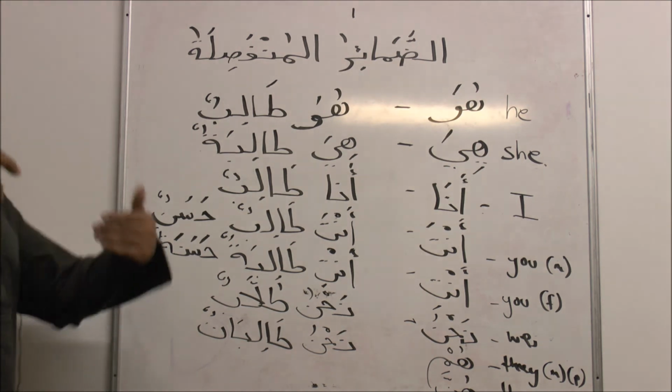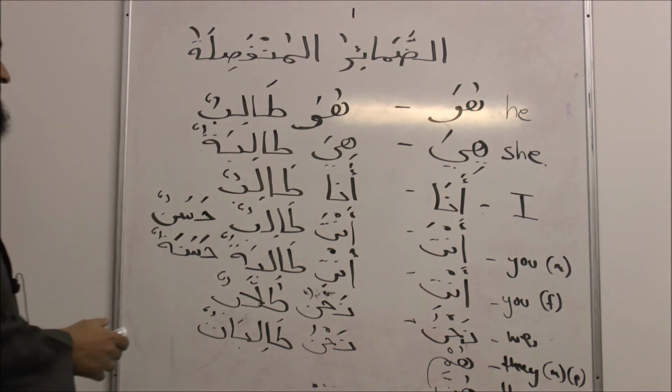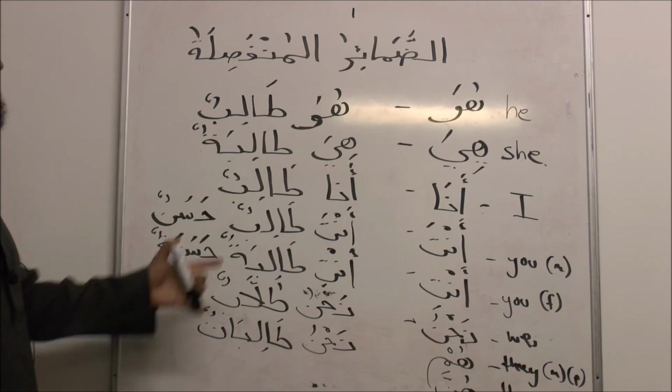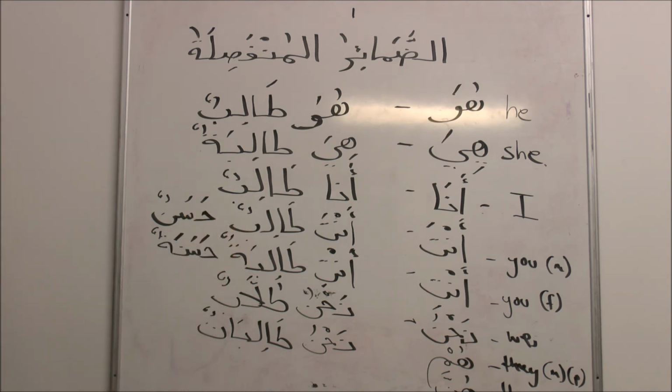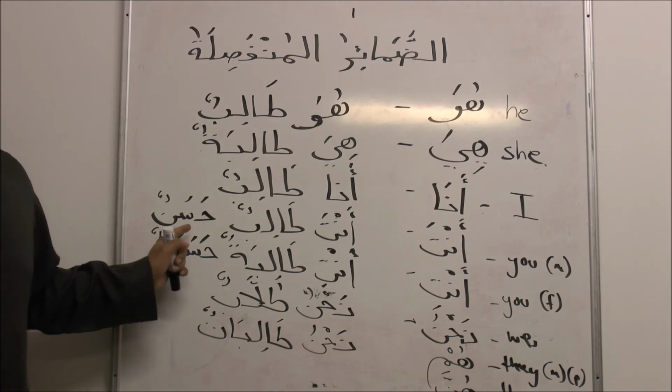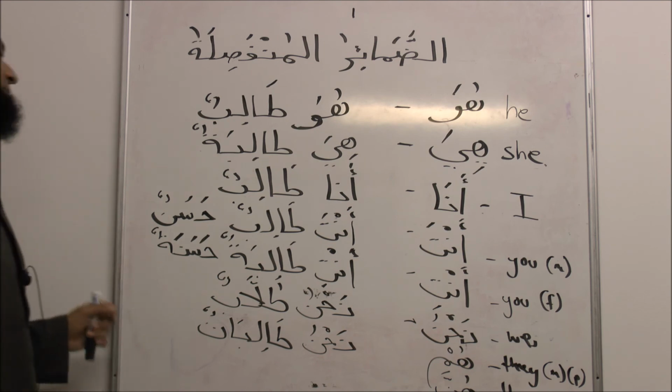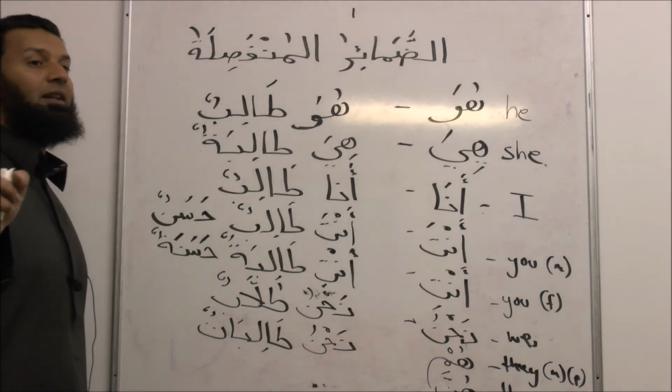Good. So therefore, what is hasanun? In our analysis of this sentence, enta is the مبتدأ, al-mubtada'u. Talibun is what, Abdul Ahad? That's the khabar. Al-khabaru. What is hasanun? This is the same khabar. No. We explained this before. It's not al-khabaru. What is it? Sifa.